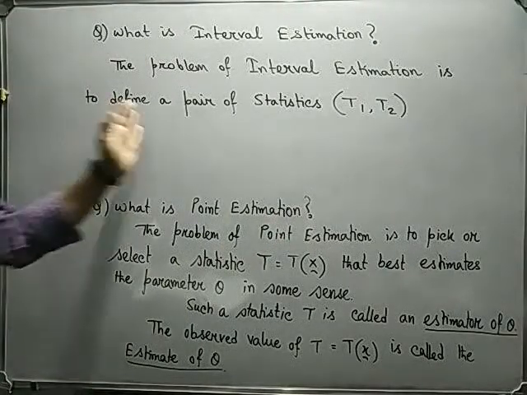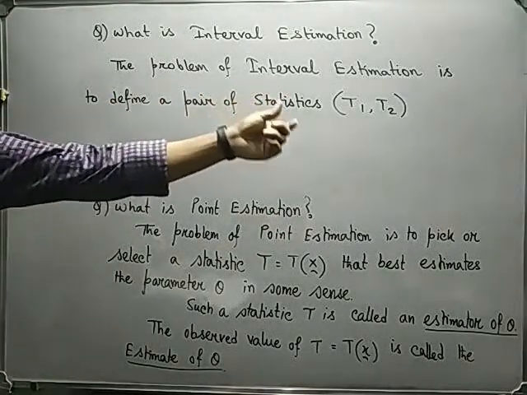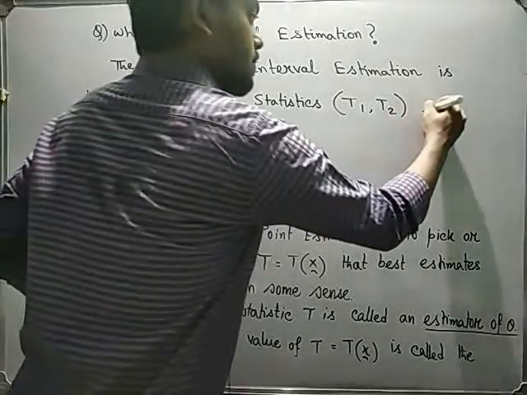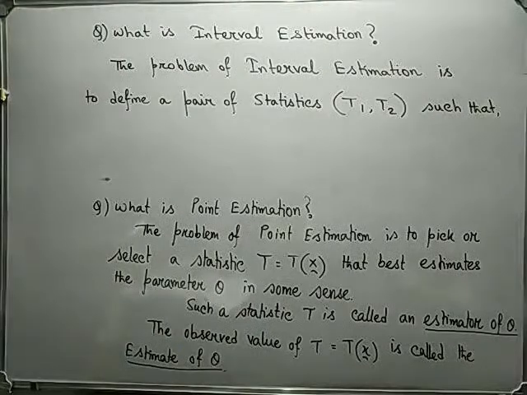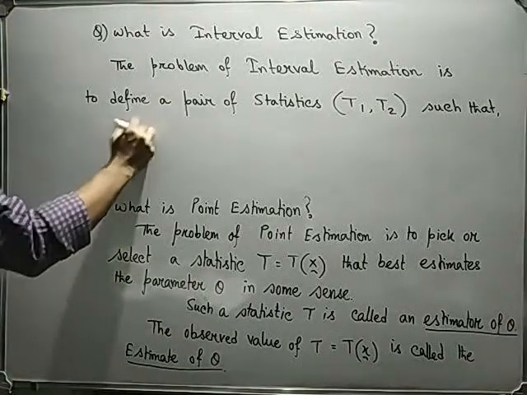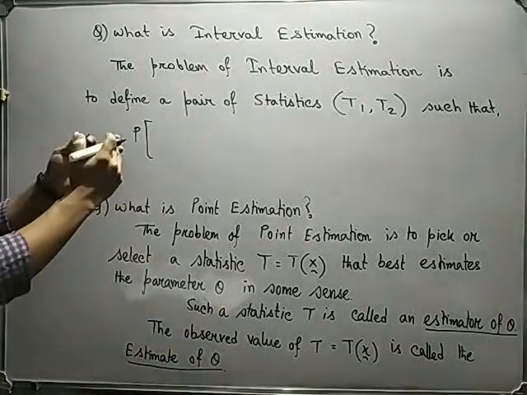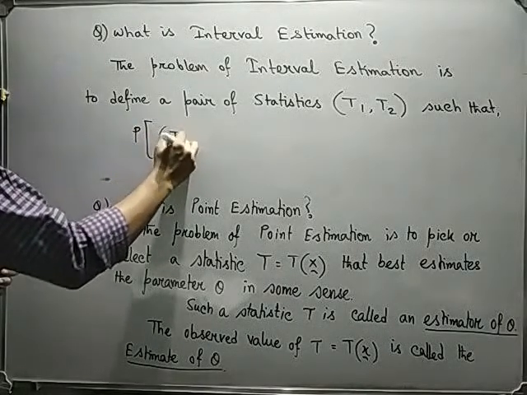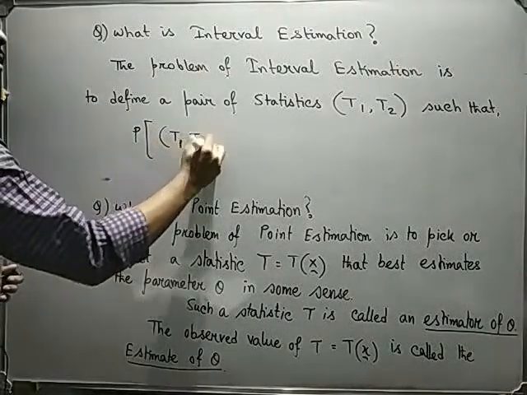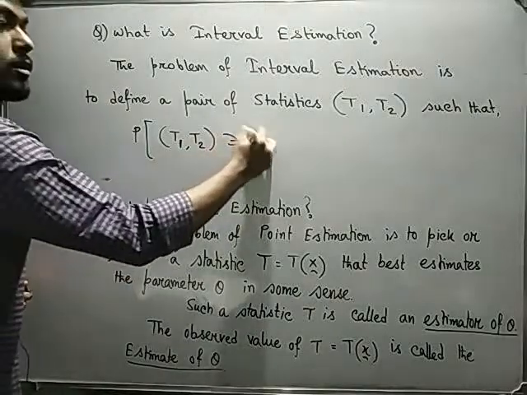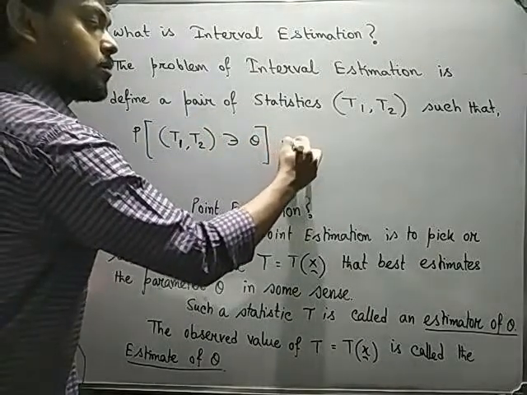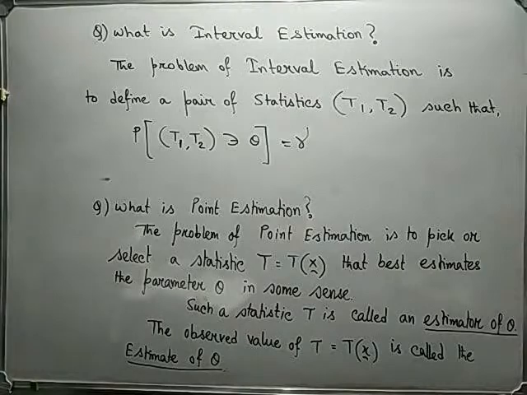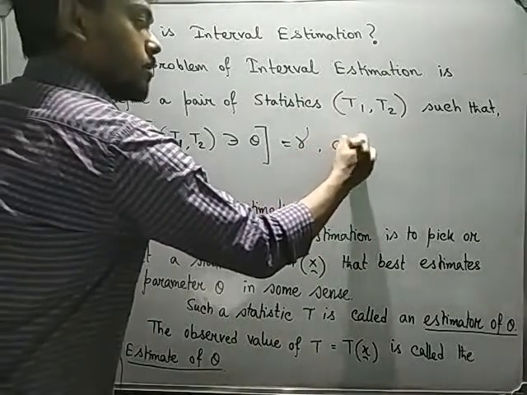So we have defined a pair of statistics, capital T1 and T2, such that this interval, which is T1 and T2, contains the parameter theta with a certain probability, which is gamma. And this can be evaluated.